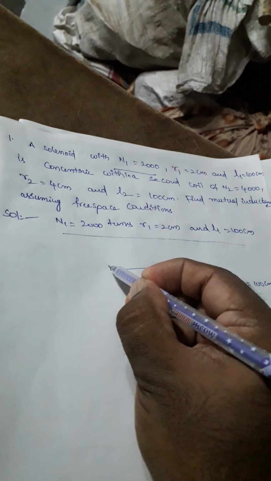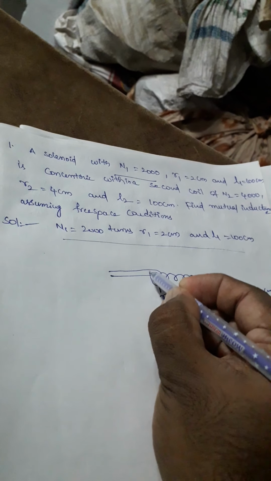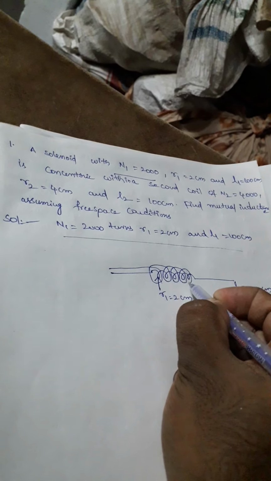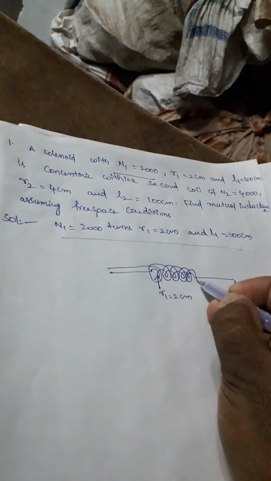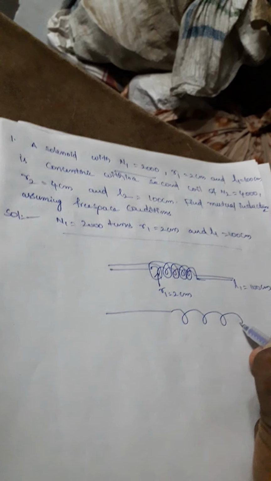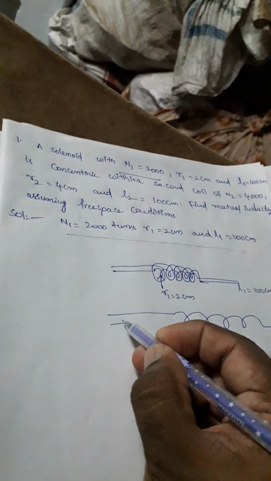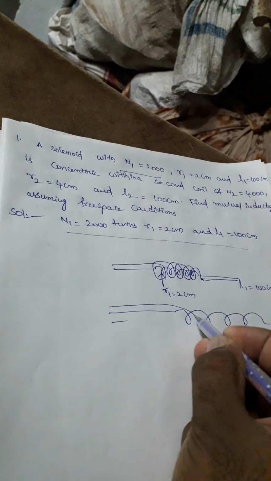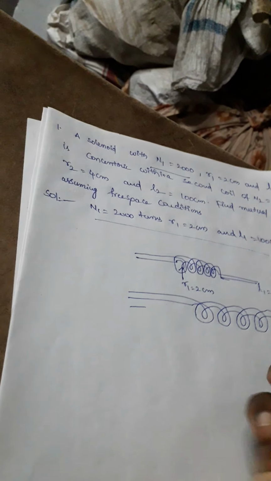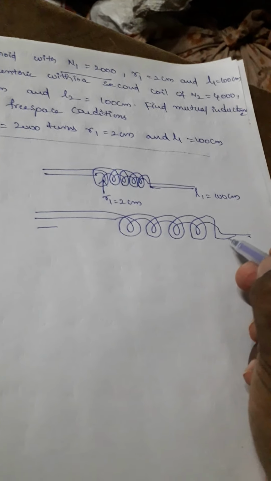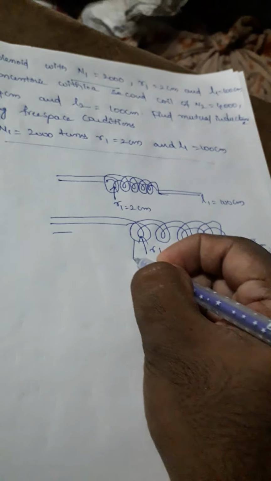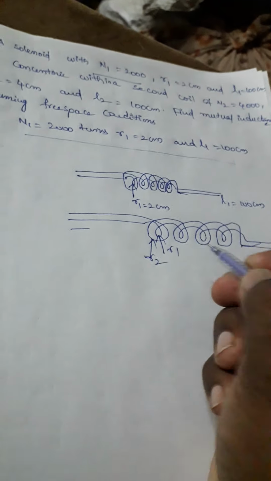That means like this, in the form of helical, like this. So this is R1, this is R2.